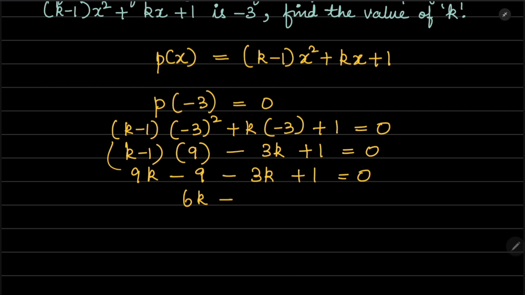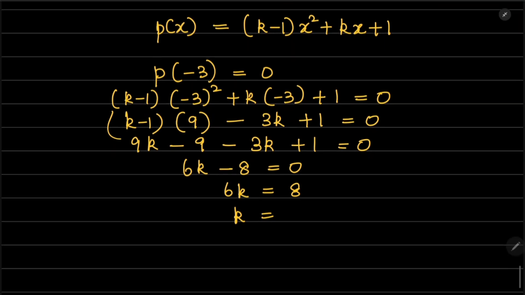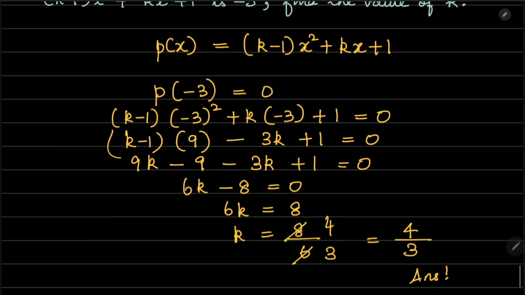Minus 9 plus 1 is minus 8 equal to 0. So, 6k equal to 8 and k equal to 8 by 6. So, 2 4s are 8 and 2 3s are 6. So, the answer for k is 4 by 3. That's your value. You are asked to find the value of k.